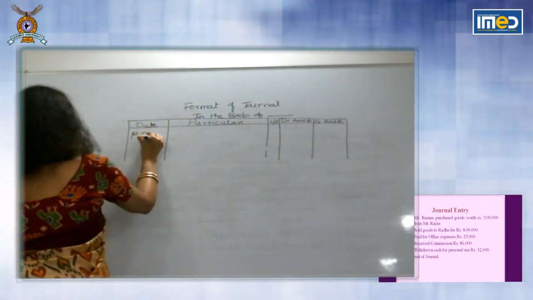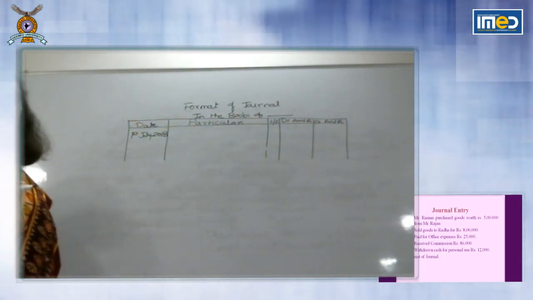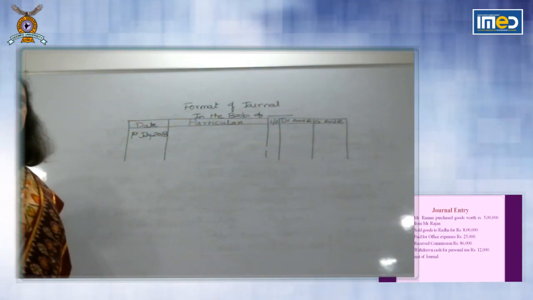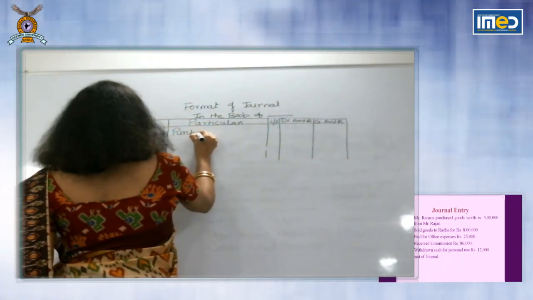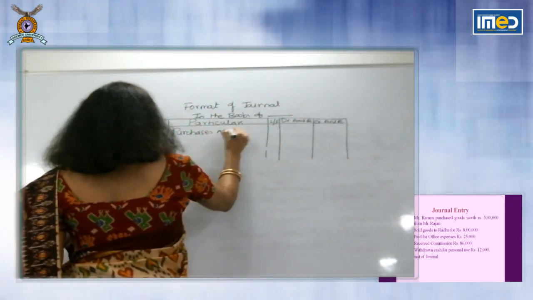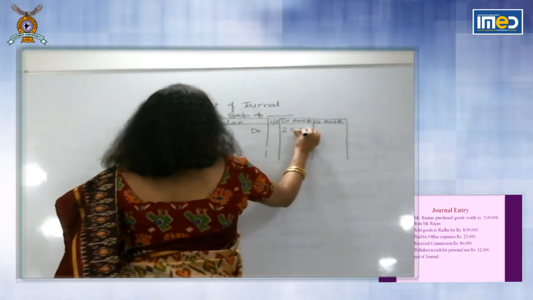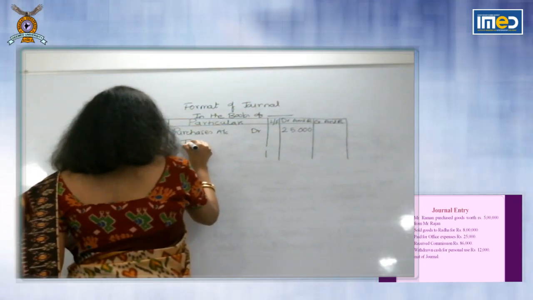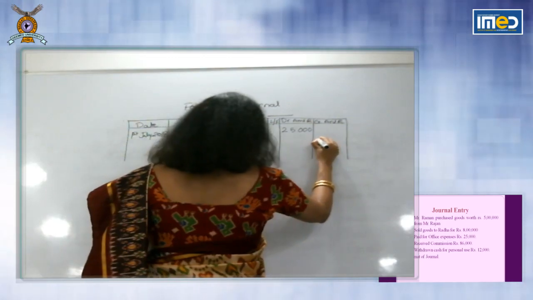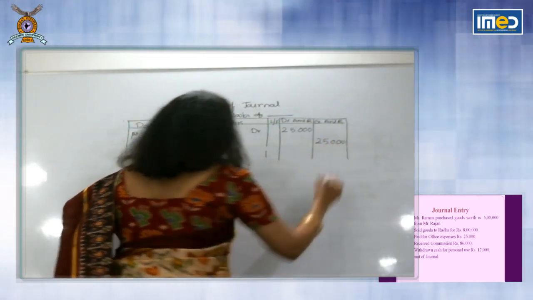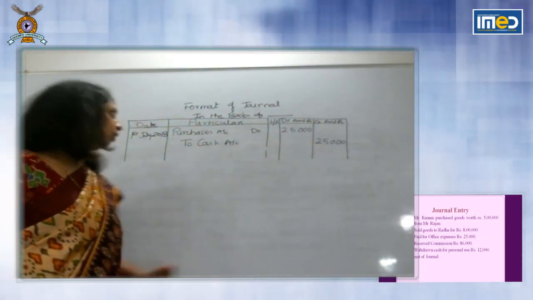Suppose 1st July 2018. The entry is of purchases. Purchases of goods. So purchases account debit $25,000 suppose, to cash account. You will write in the column of credit 25,000. So the amount will be same in debit column and credit column.